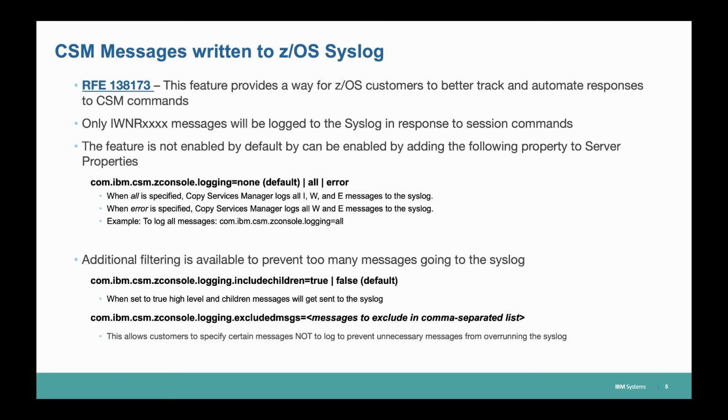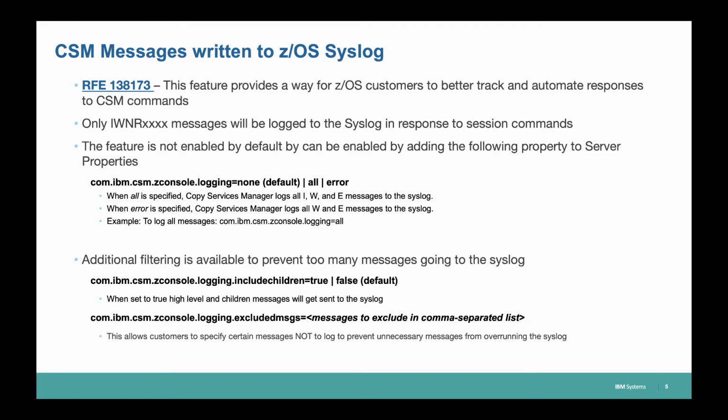And so what we've done is, if you're running CSM on a z/OS system, and I'll make note that this is only for customers that do run CSM on z/OS, we are able to push our messages to the z/OS syslog. First note is it's only the IWNR messages.